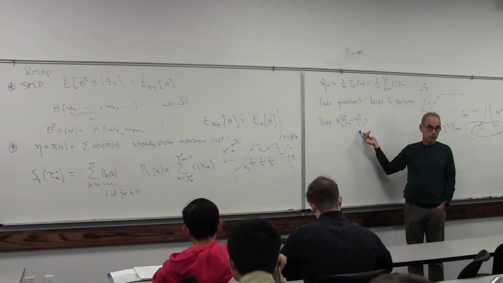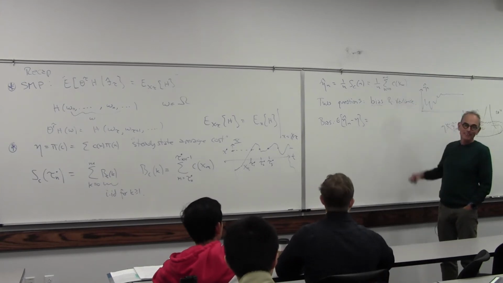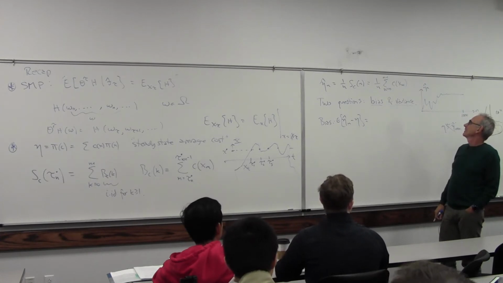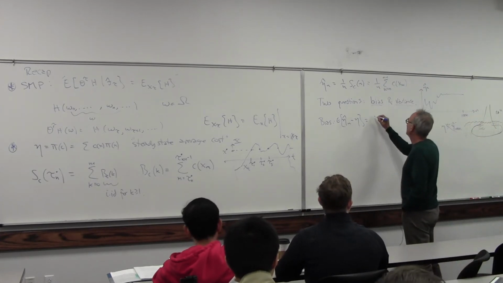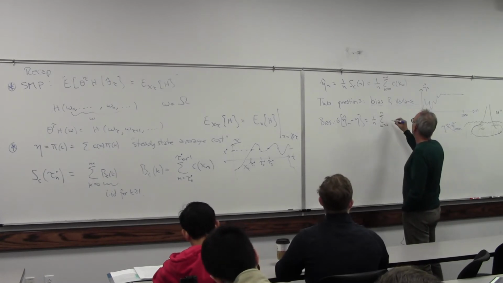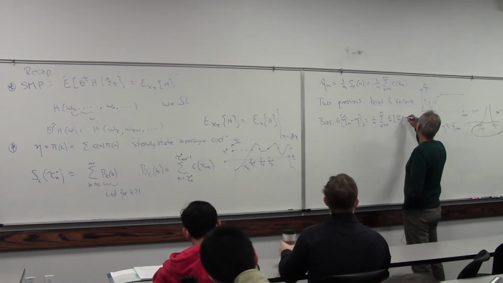I'd like this to be 0. That'd be no bias, right? And what's the expectation of that, everybody? It's 1 over n, the sum from k equals 0 to n, and I could write it as the expectation of c tilde of xk.